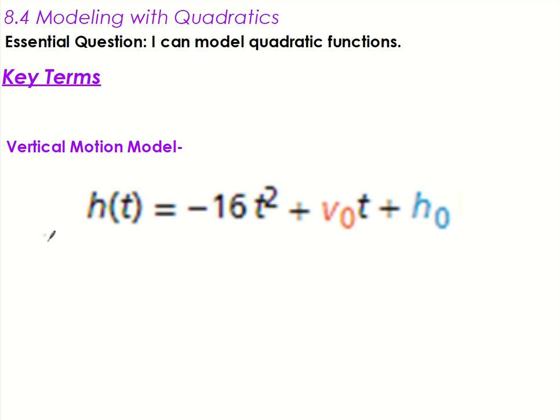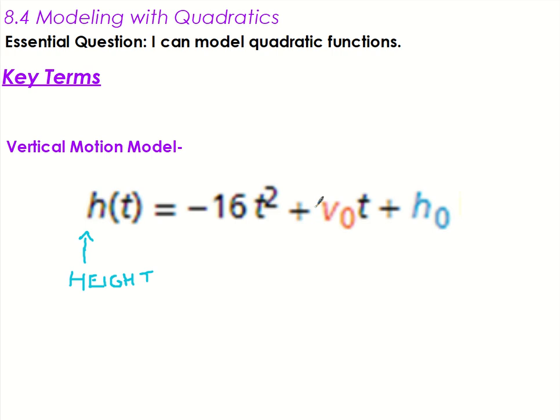But one thing we are learning is what's called the vertical motion model, and this is the formula for the vertical motion model. Now, this h right here represents height in feet. My pen's not working. That's not good. I'll just use the mouse for right now.